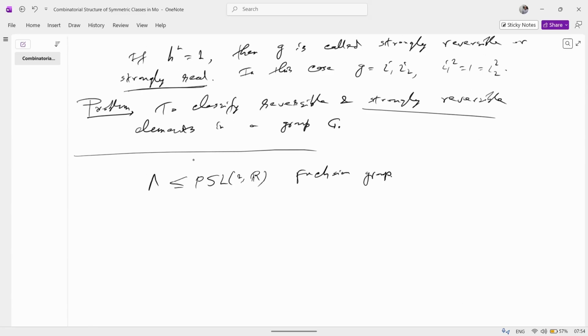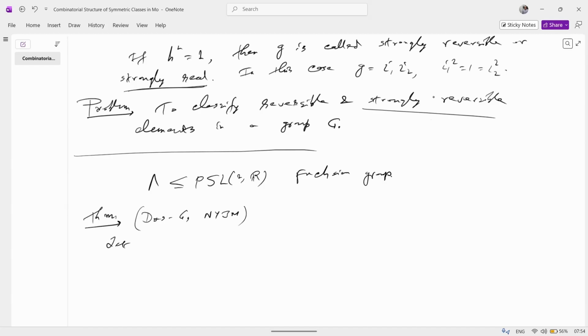Now one can show, I think this result must be known to experts, but one can prove it independently also. For example, in my paper with Debattam Das in the New York Journal of Mathematics, we have sketched a proof of this result.